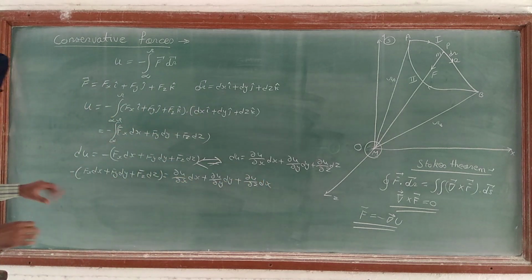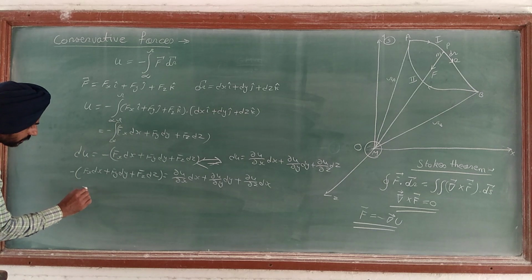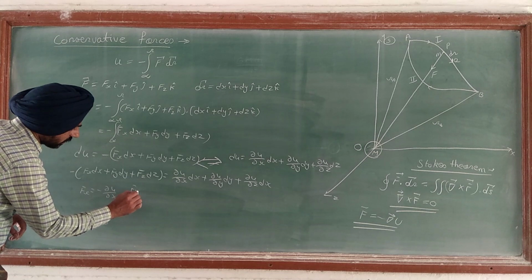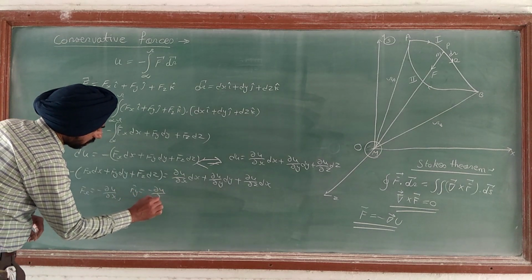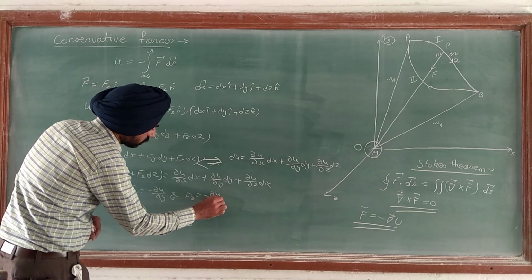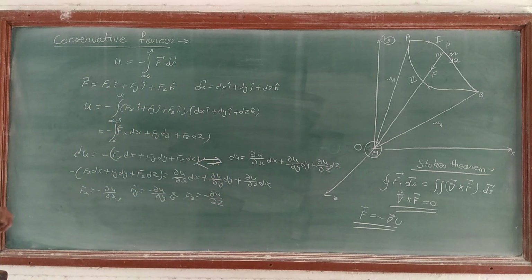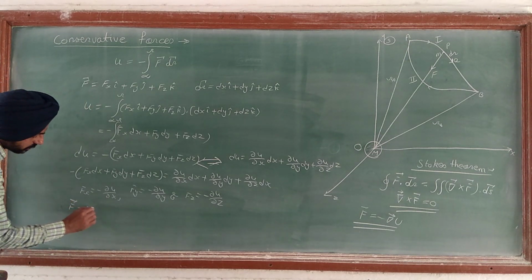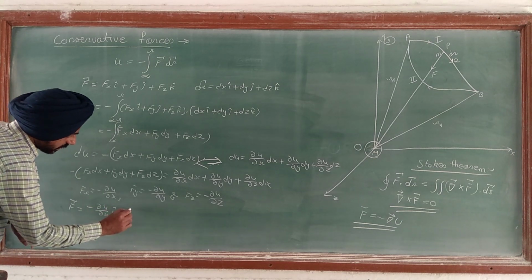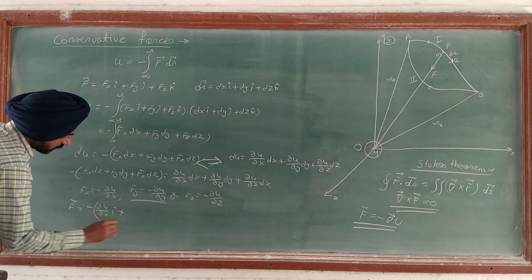So from this equation we will get Fx equal to minus partial U upon partial x, Fy equal to minus partial U upon partial y, and Fz equal to minus partial U upon partial z. So as the force F is written as Fx i cap plus Fy j cap plus Fz k cap, it will be minus partial U upon partial x i cap plus partial U upon partial y j cap plus partial U upon partial z k cap, with the negative sign common.